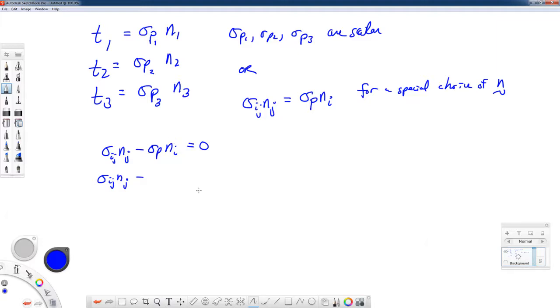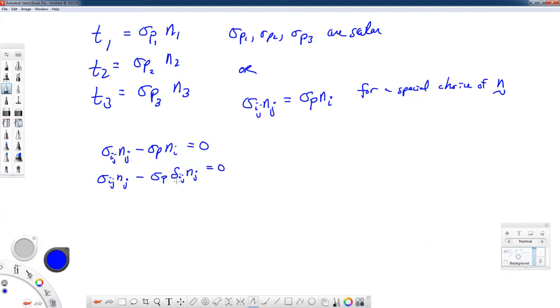We have an n sub i right here. We could have thought of that as coming from an n sub j with a Kronecker delta acting on it. So this second term here would be sigma p, and we can put in here Kronecker delta ij n j, equal to 0.